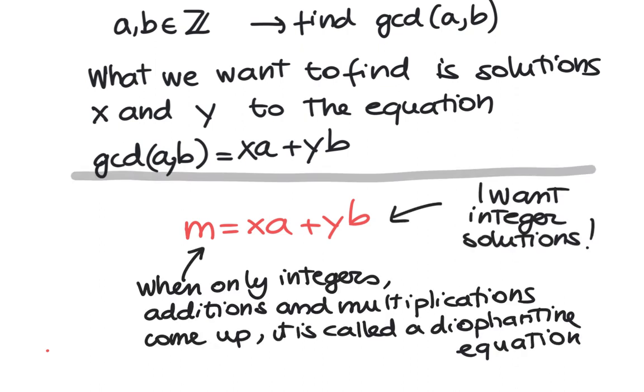An equation in several variables in which only integers, additions, and multiplications come up is called a Diophantine equation. Diophantine equations are pretty hard to solve, and the extended Euclidean algorithm is a very powerful tool to solve some of them. Let me give you a couple of examples.